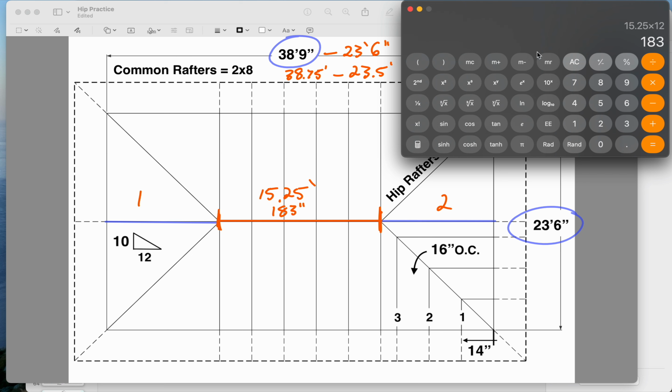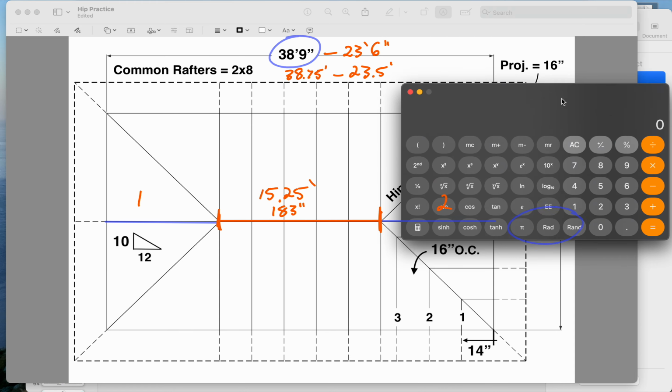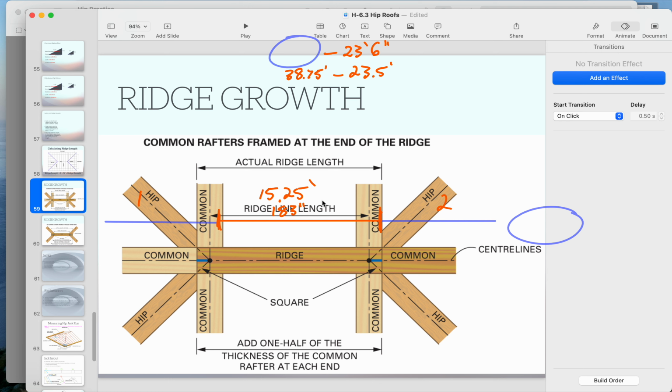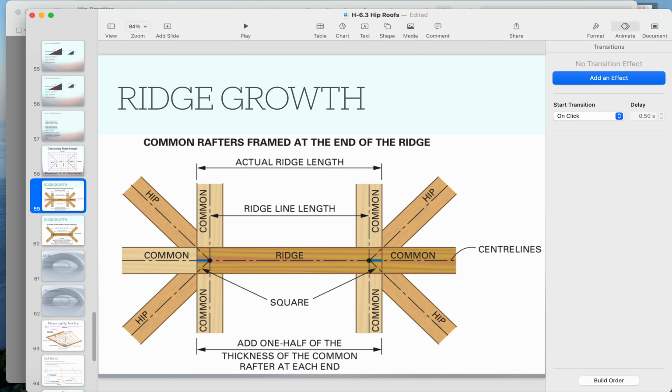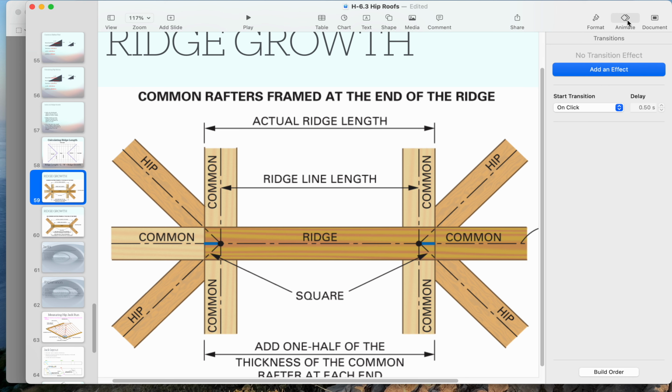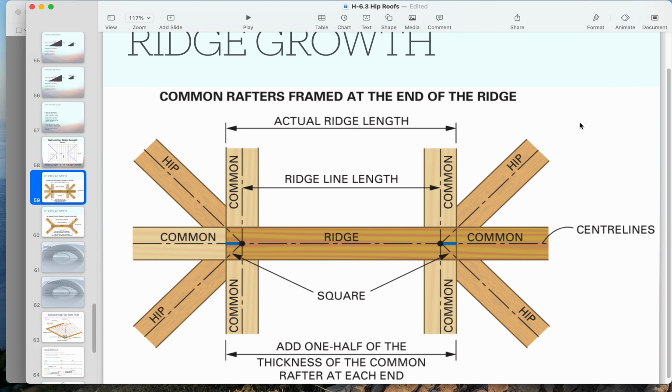Okay. Now that is our theoretical ridge length. So let's go back to the PowerPoint here. We have 183 inches. So the theoretical length that we just calculated is measured from this dot to this dot right here and here. So we see that we actually have to add on 1/2 the thickness of the common rafter at each end, because everything's going to these theoretical points.